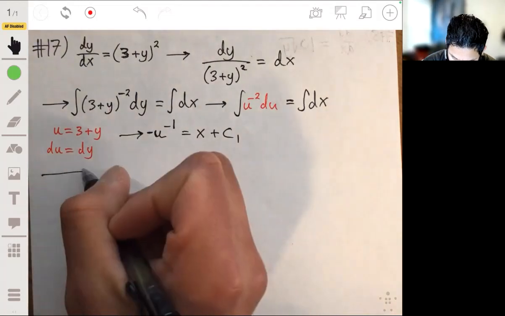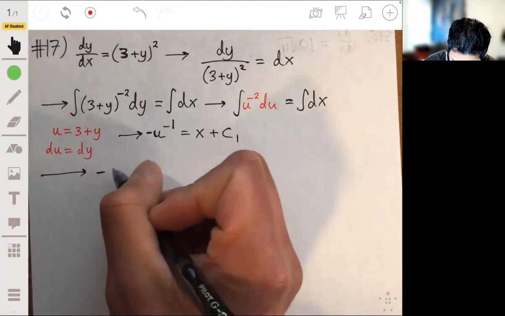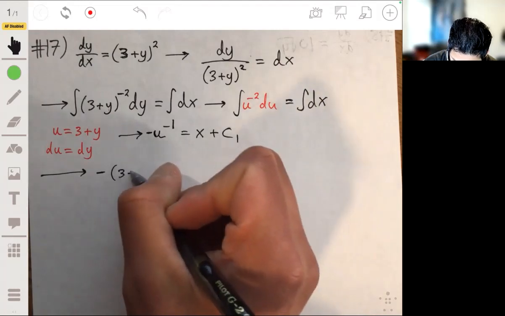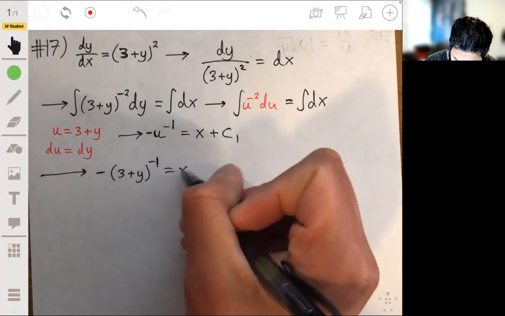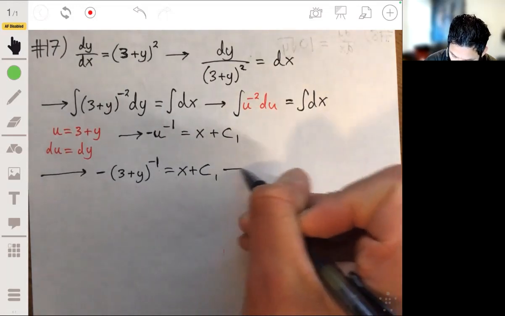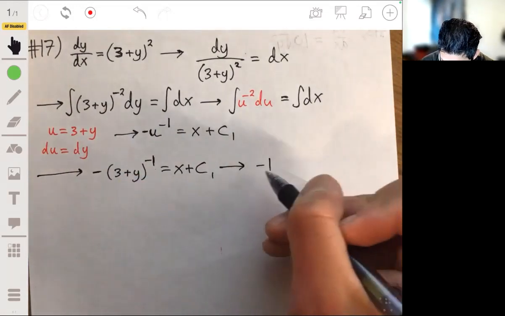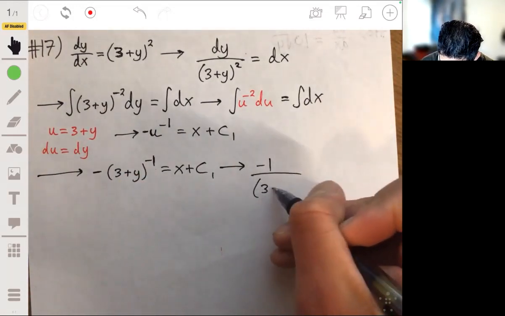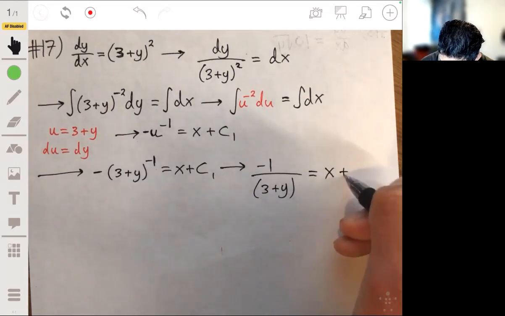And then from here, we're going to replace u back with 3 plus y. So we'll get negative 3 plus y to the negative 1 being equal to x plus c1. Or let's rewrite this as negative 1 over 3 plus y, and that'll be equal to x plus c1.